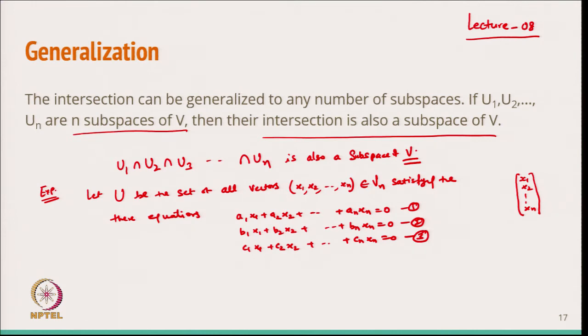So basically I am taking all the vectors which are solutions of these linear equations. I will solve this and get the solution, so I am taking U as the solution set of this system of equations.